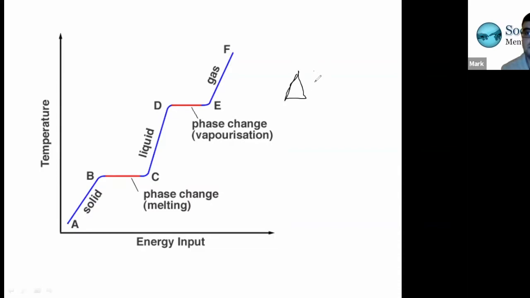We have delta H, delta S, and delta G. At the boiling point, 100 degrees Celsius, at this red area, do you think water that has just begun boiling would have a positive or negative delta H, a positive or negative delta S, and a positive or negative delta G, the transition of water into water vapor or gas when it's boiling at the boiling point, which is 100 degrees Celsius?